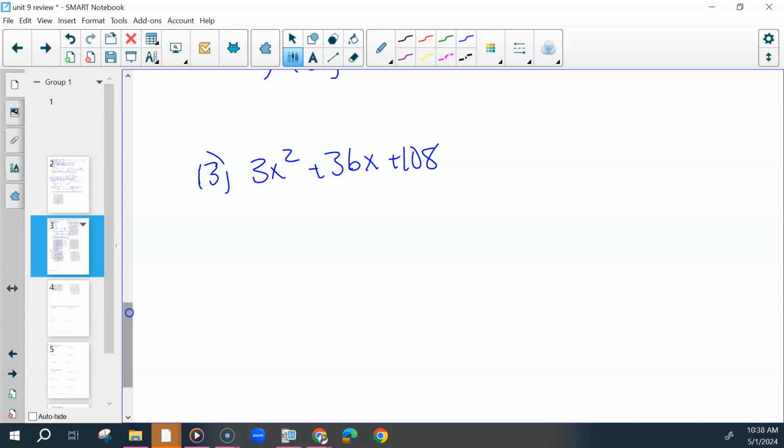So, because this is in the A=1 section, this most likely has a GCF. It's going to be whatever this first number is. If I divide each of these by 3, what's left?